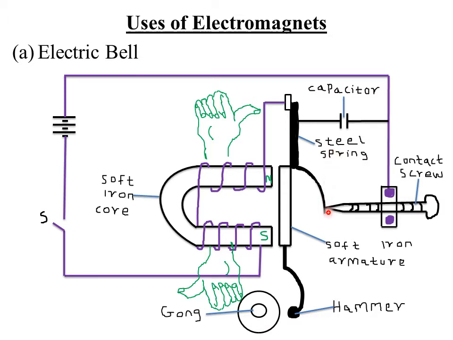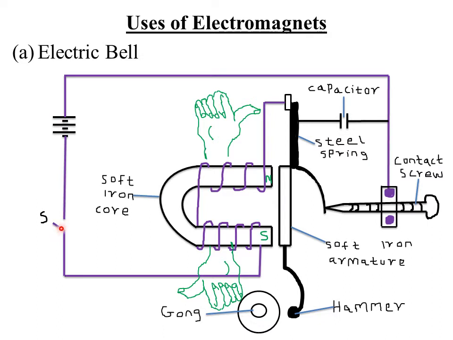The soft iron strip acts as a spring to make and break the contact between the screw and the steel spring when needed. So we'll see how. Then the electric circuit is completed through a battery and a switch. So this is our battery, then this is our switch S.